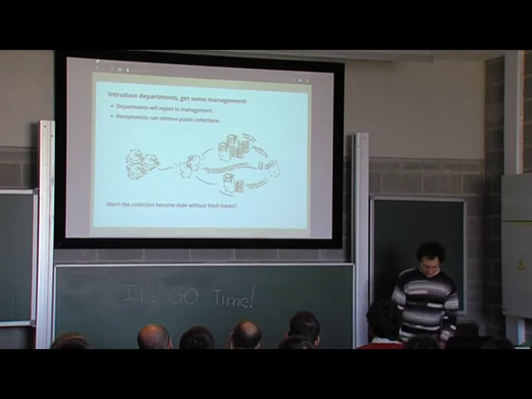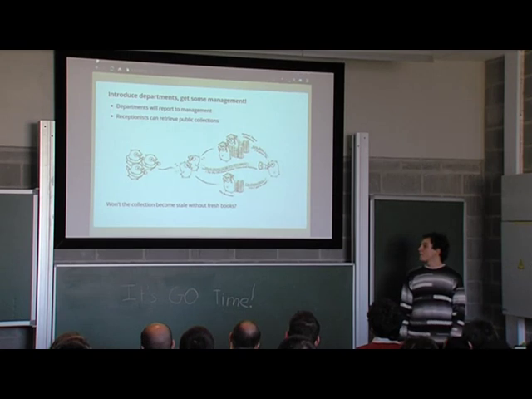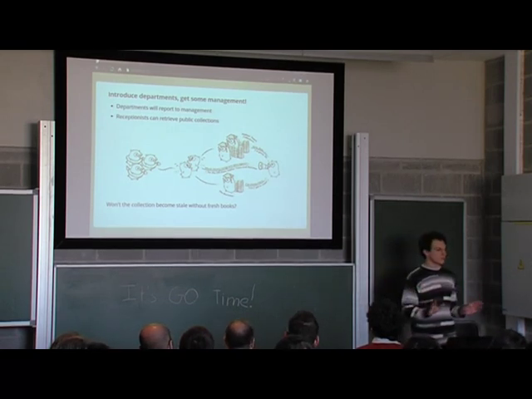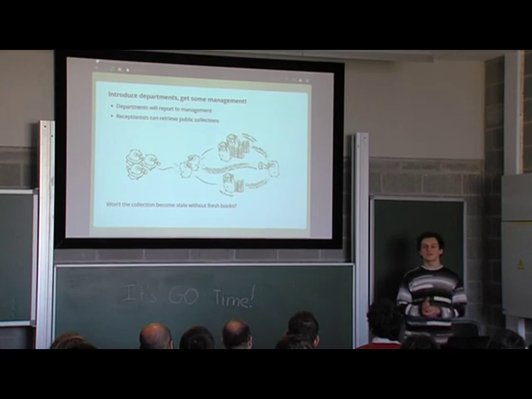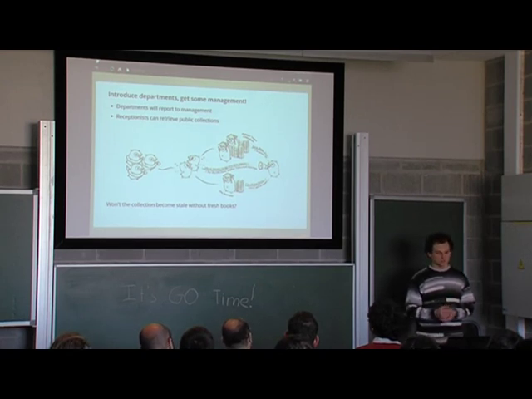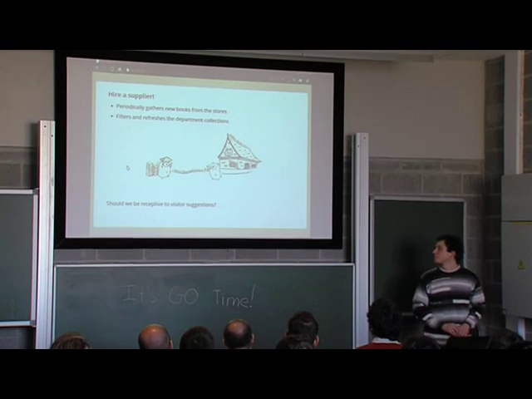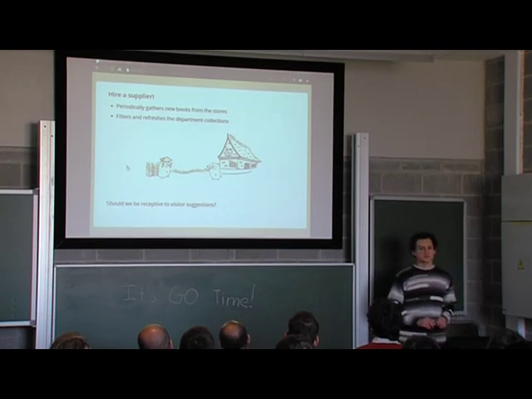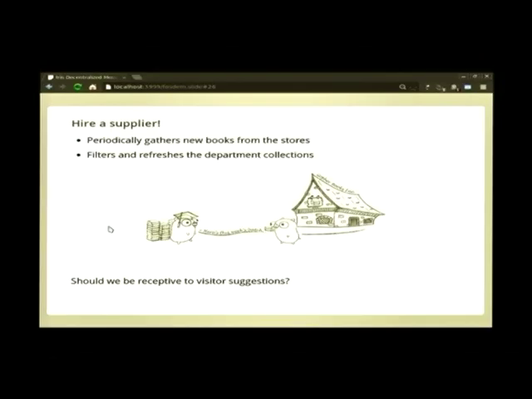Okay, but what happens if our collection... So this way the library works. It's a working model. Yes, but we would like to actually introduce new books to the library. Okay, let's do that. Well, we can introduce a bookstore. Let's call it Gopher Books Incorporated.